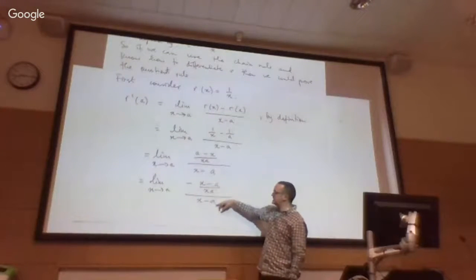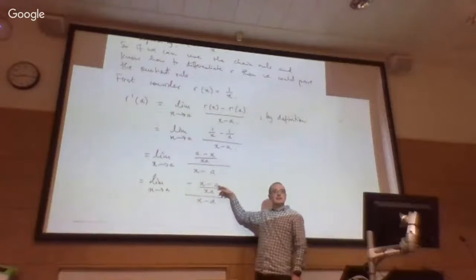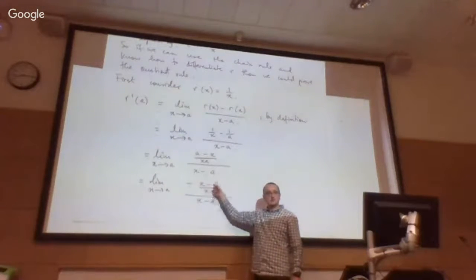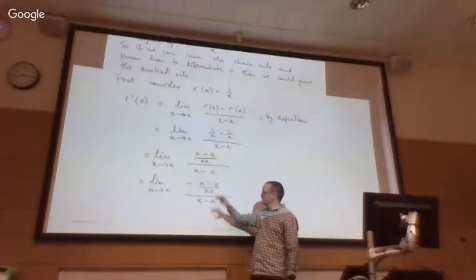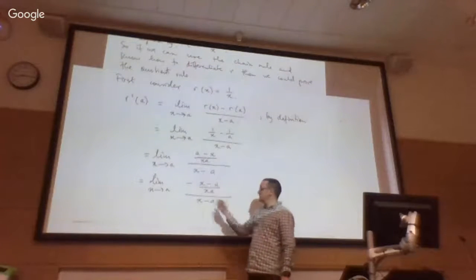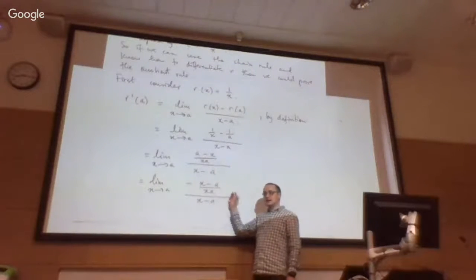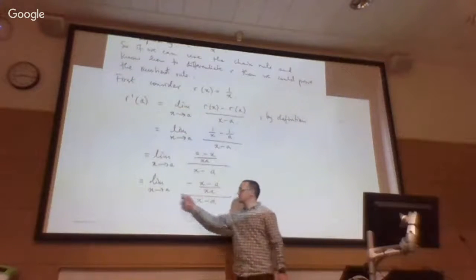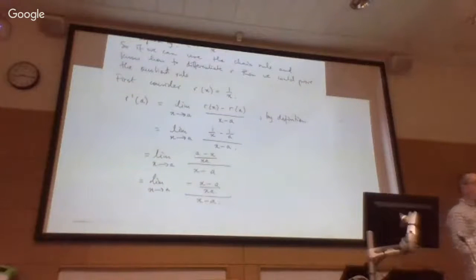And so we can plainly see now that there is a common factor of x minus a in the numerator of the big fraction. It happens to be in the numerator of this subfraction, but there's a factor of x minus a there, which we can easily cancel out, and there's a factor of x minus a in the denominator. And I can cancel out that. That doesn't encounter any problems of dividing by 0 or anything, because we're taking the limit as x approaches a. So x is never actually equal to a in that limiting process.